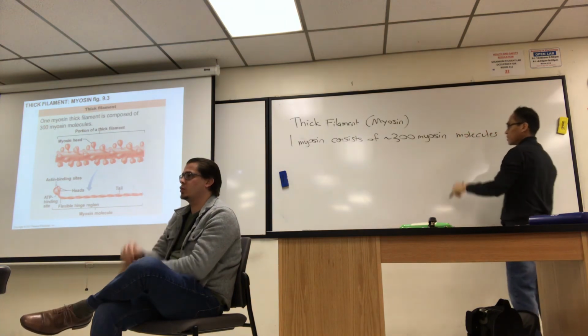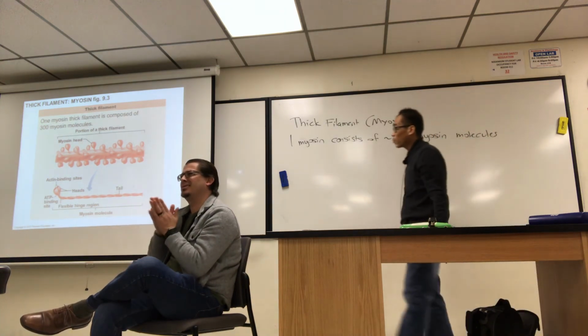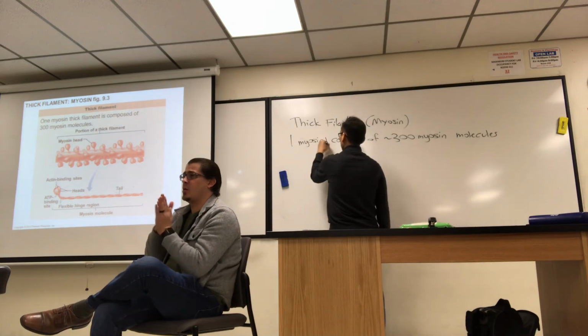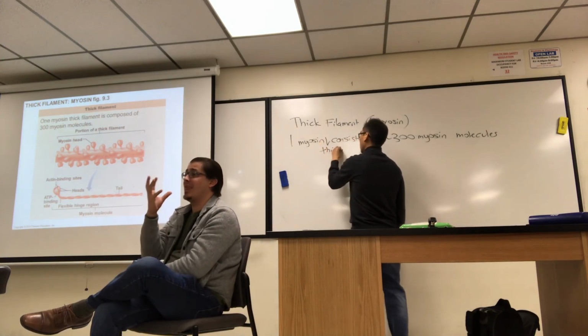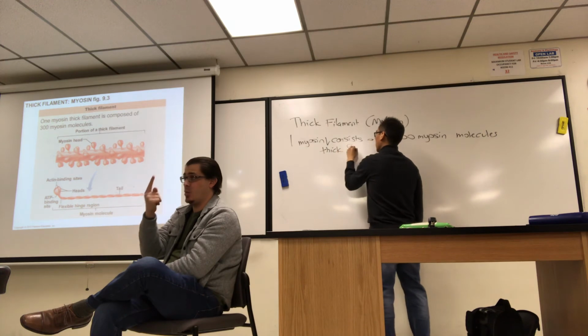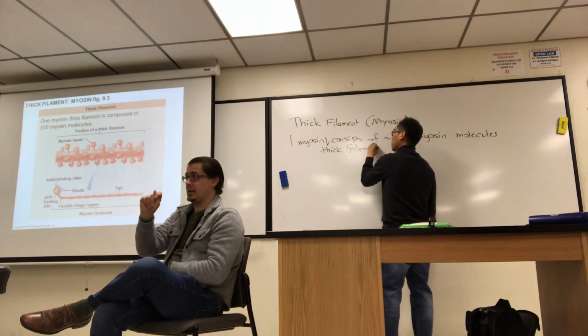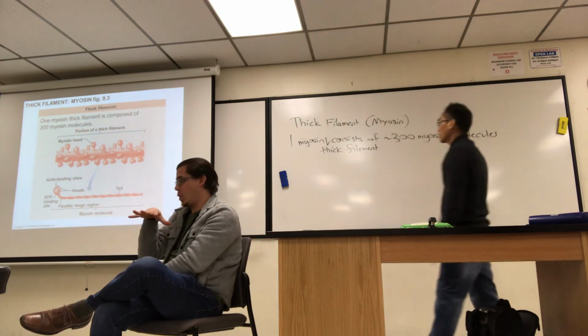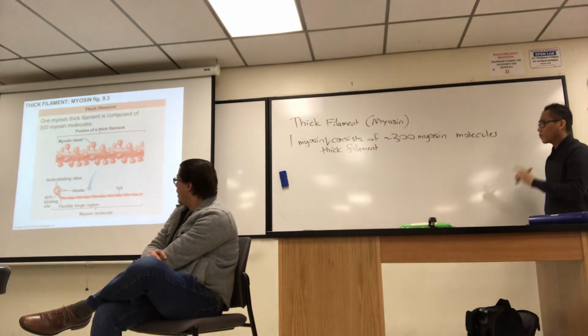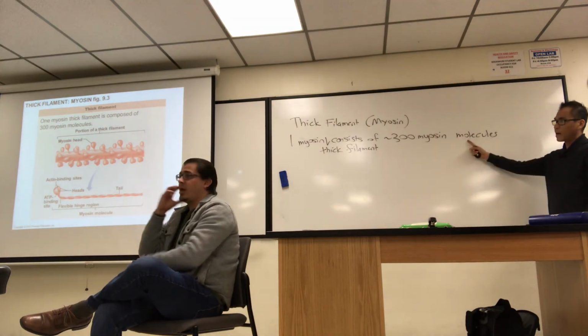So let me restate that. Doesn't make sense. One myosin consists of 300. So one myosin thick filament. So one thick filament consists of 300 myosin molecules.